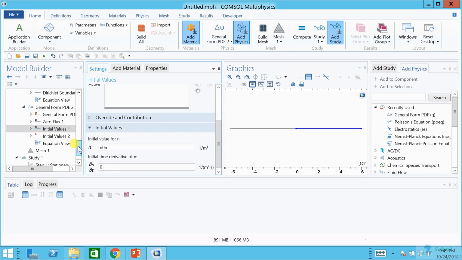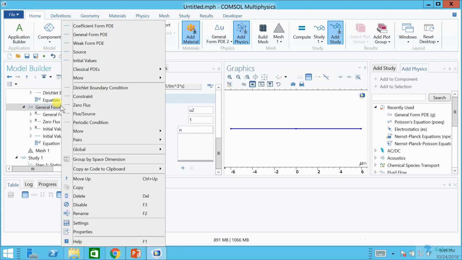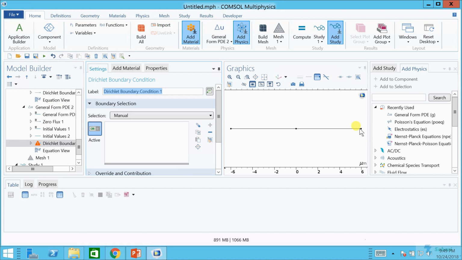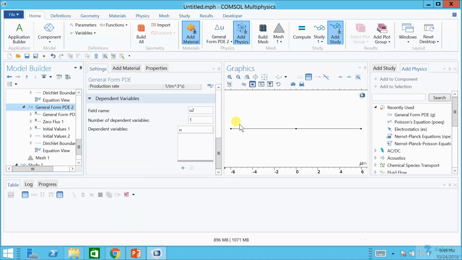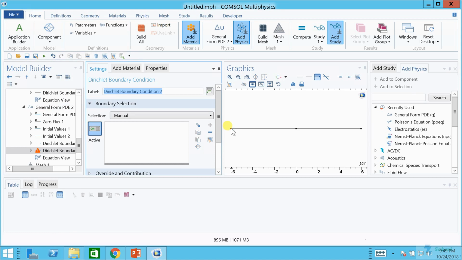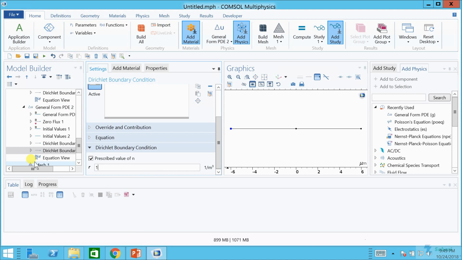And now, the same, like this, I'm going to apply the Dirichlet boundary condition at this end to be the donor concentration, which is Nd, and here it's going to be 10 power 5.